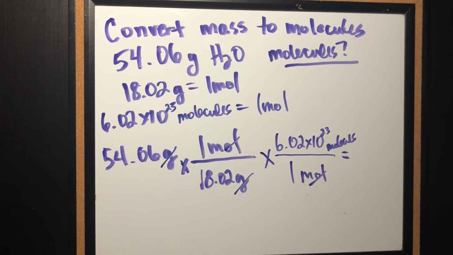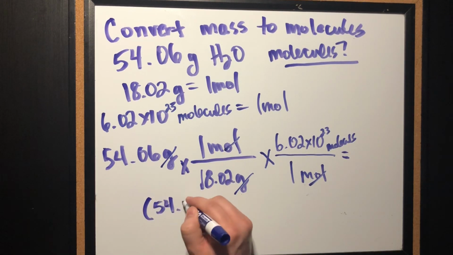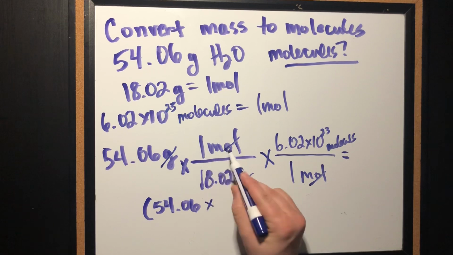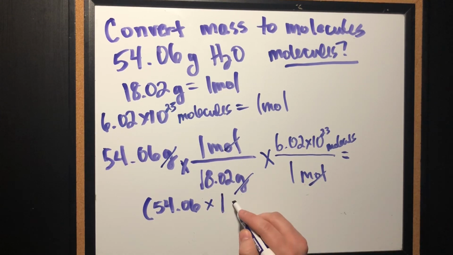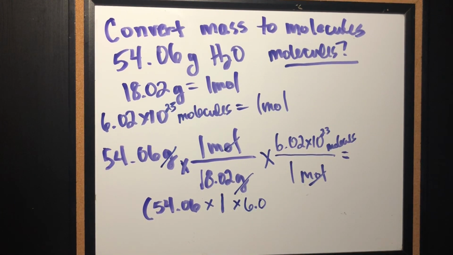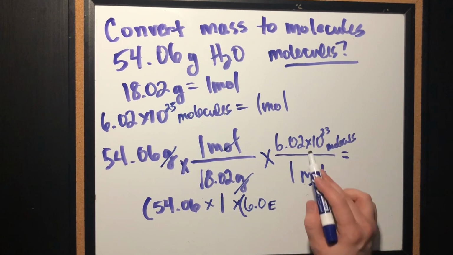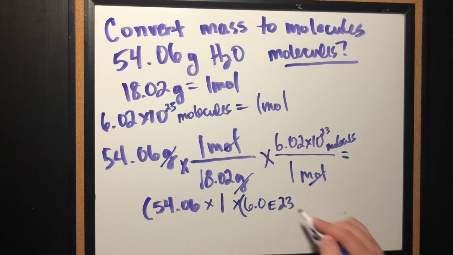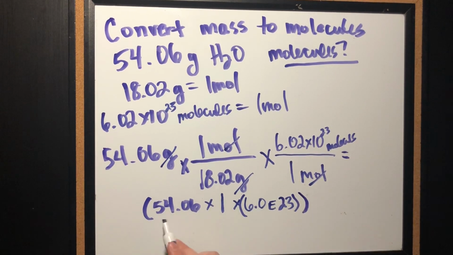When you put this in your calculator, start with a parentheses, 54.06, multiplied by whatever this number is. I'll just put a 1 there for now. Multiplied by, the thing about scientific notation, you should really always put scientific notation in another set of parentheses. And remember, you can put that little e in there for times 10, 23. So this is my whole numerator, okay?